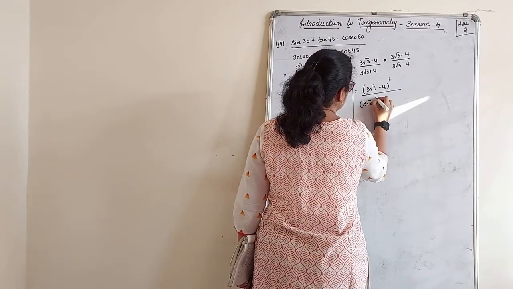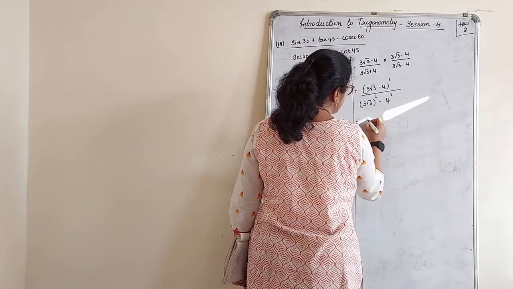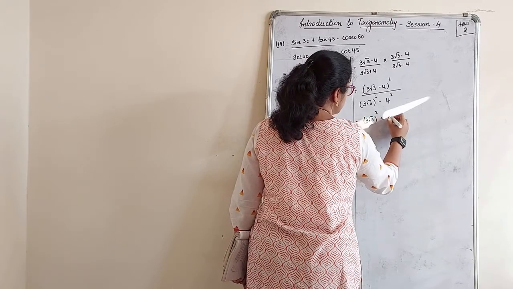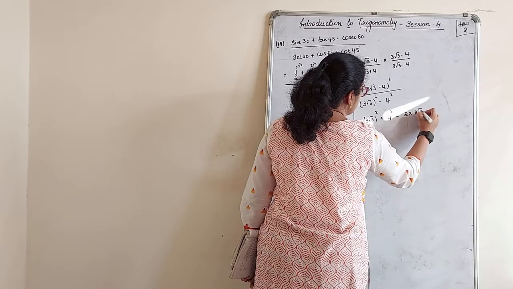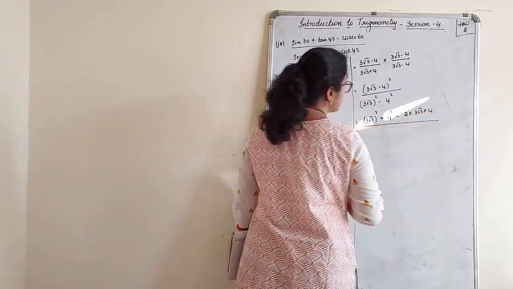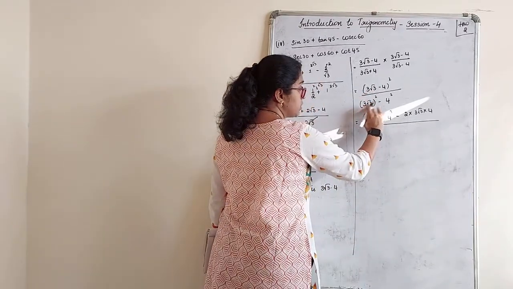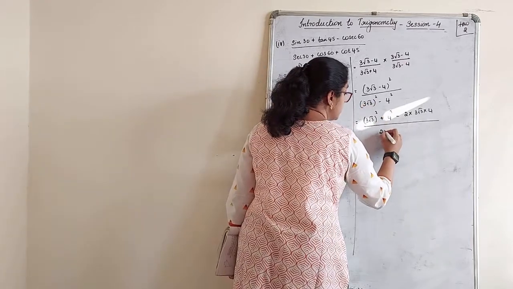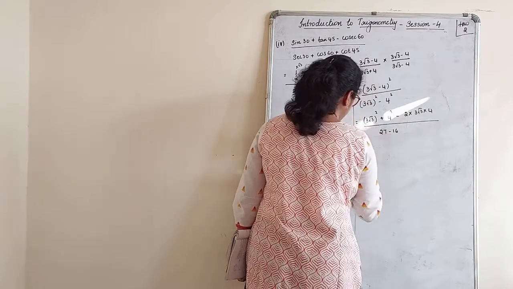3 root 3 minus 4 square. Split it: a square plus b square minus 2ab, right? Divided by a square minus b square. 3 square 9, 9 3s are 27. 4 square 16.